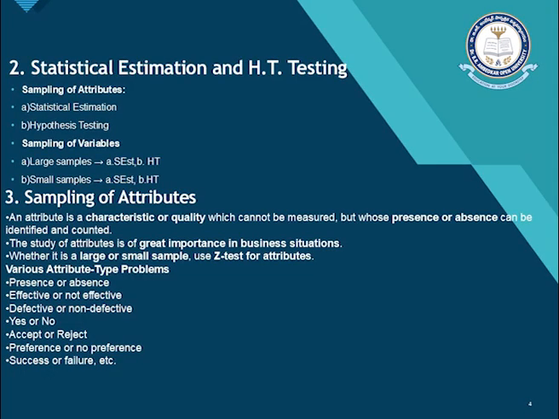And in case of sampling of variables also, you will have large samples and small samples, and again here also estimation type of problems and hypothesis testing type of problems. So in this lesson we will see the parametric tests, and in one more lesson we will do non-parametric tests.